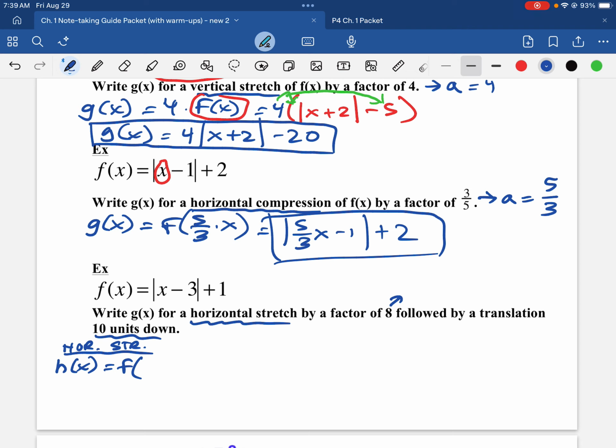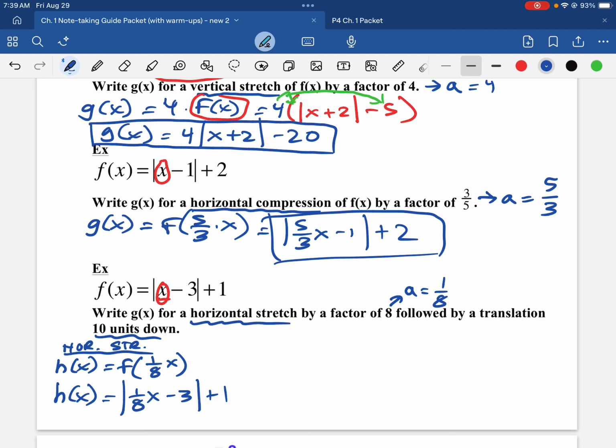The factor is 8, so I need 1/8 as the a value. Okay, so I'm doing 1/8 x then. All right, so now I'm substituting 1/8 x in for the input. Okay, so that means I'm going to have absolute value of 1/8 x minus 3, all plus 1.